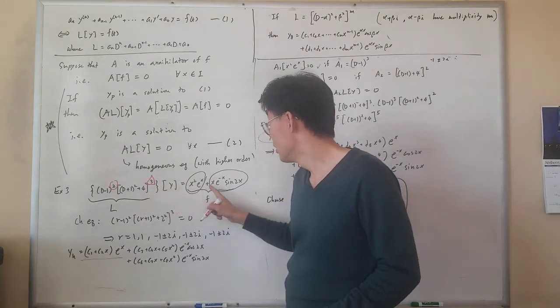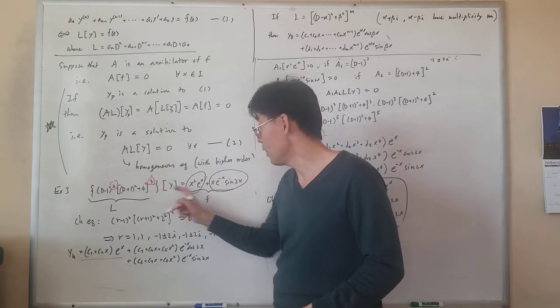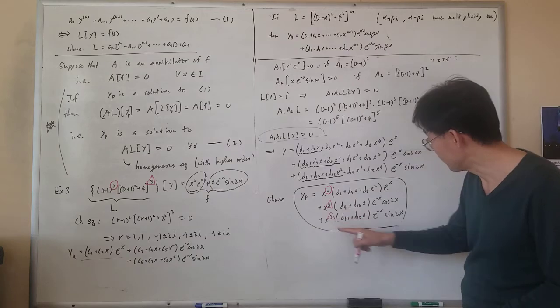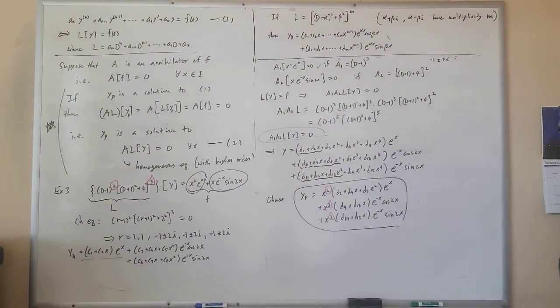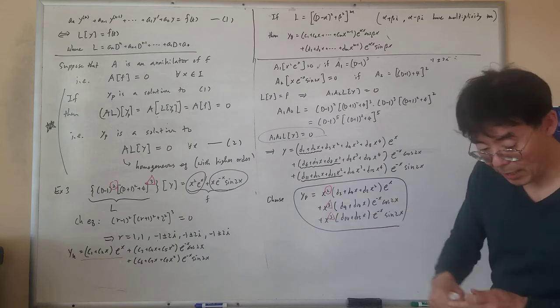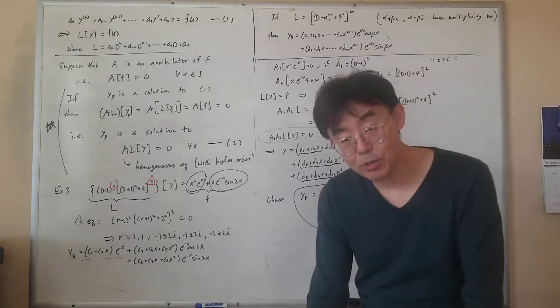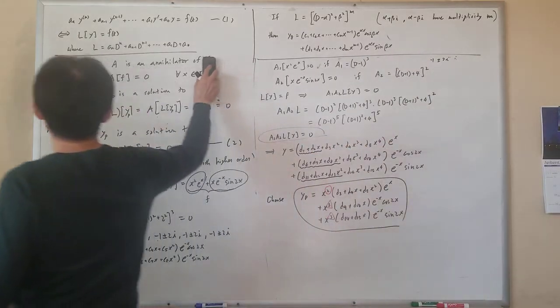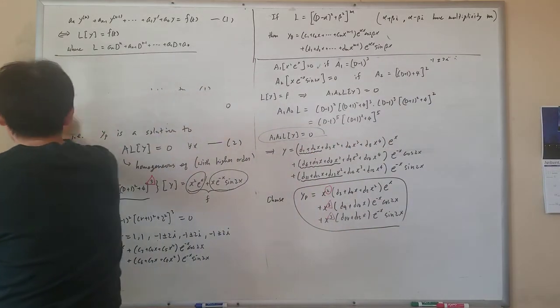So when the same form of the annihilator shows up in the original L, that adds this number in front. Okay? That's the biggest observation we have. So that's why now we can say this.